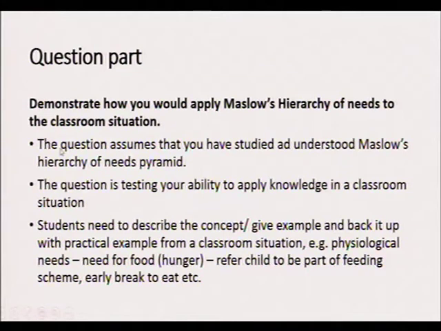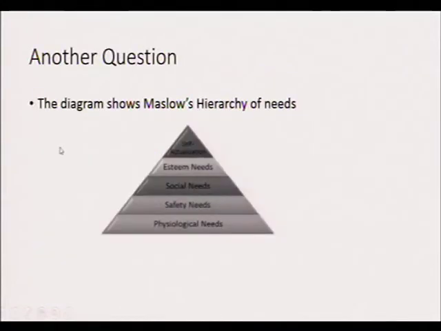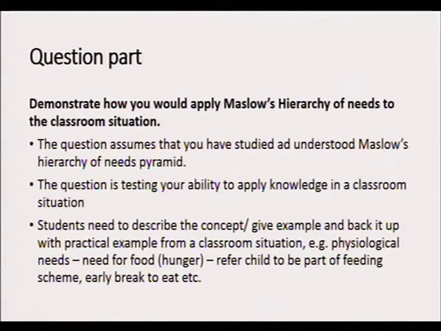Now, apart from understanding the hierarchy, you also need to use the information that you have in order to apply that information to a classroom situation. So in other words, the question assumes that you have studied and understood Maslow's hierarchy of needs pyramid.